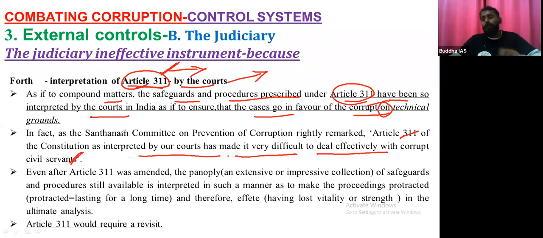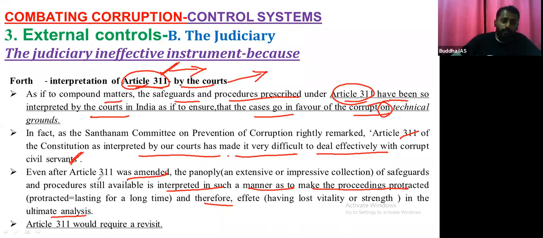The Santanam Committee itself says that the way the courts are interpreting Article 311, it is very, very difficult to punish any civil servant. Even after Article 311 was amended, the panoply, meaning the extensive or impressive collection of safeguards and the procedures still available, is interpreted in such a manner as to make the proceedings fruitless in the ultimate analysis.